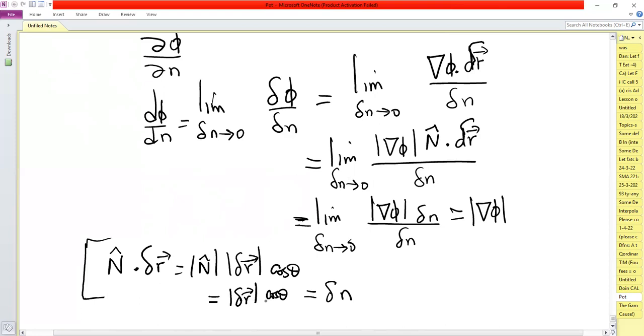Now remember, this is because theta is 0 in this case. So this is what allows us to make this simplification.